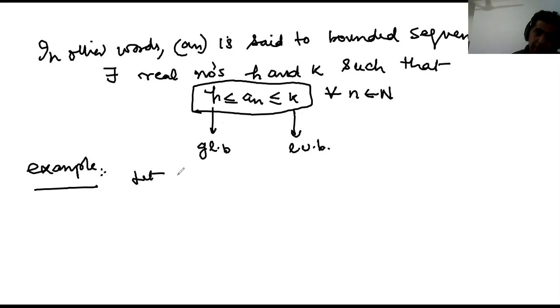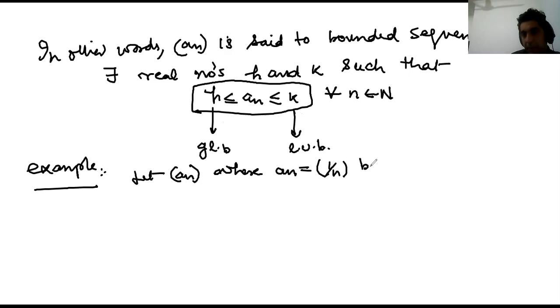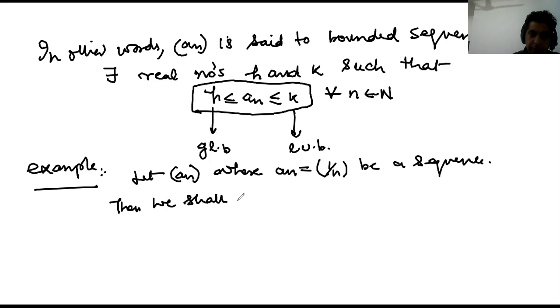Let an, where an is equal to 1 by n, be a sequence. Then we shall show that an is bounded.